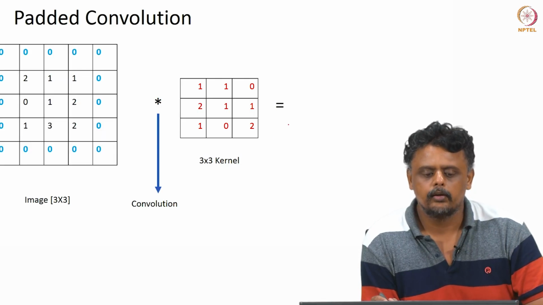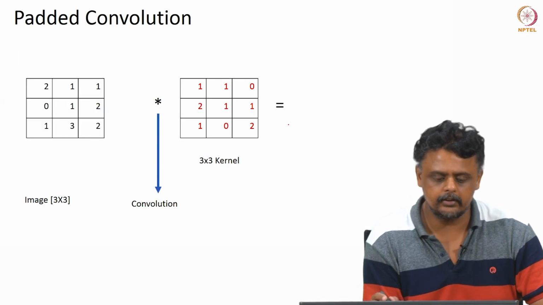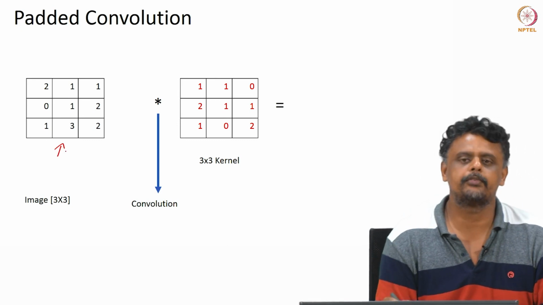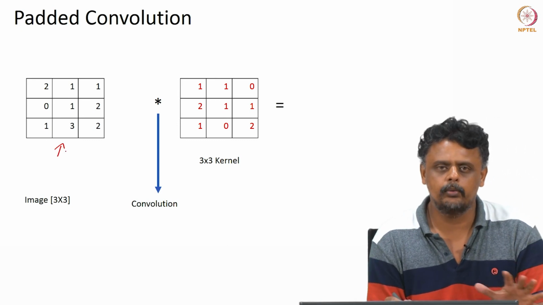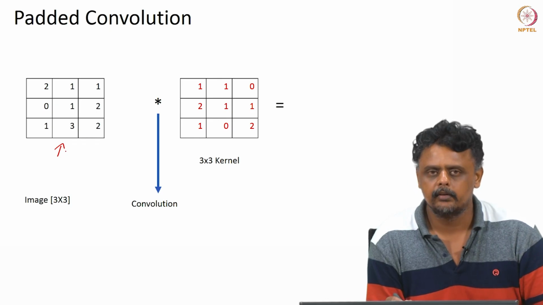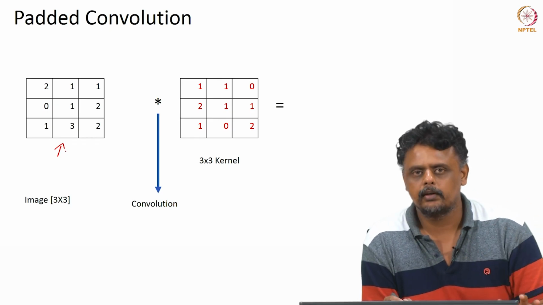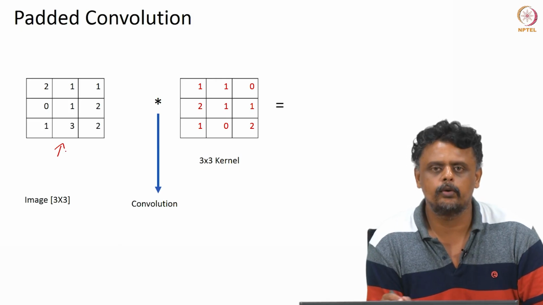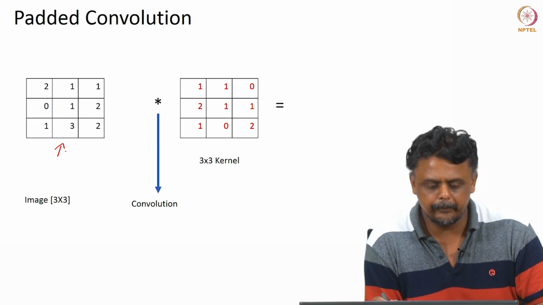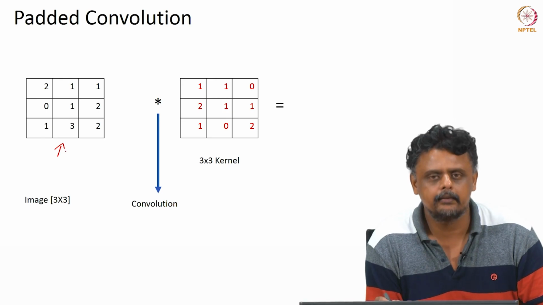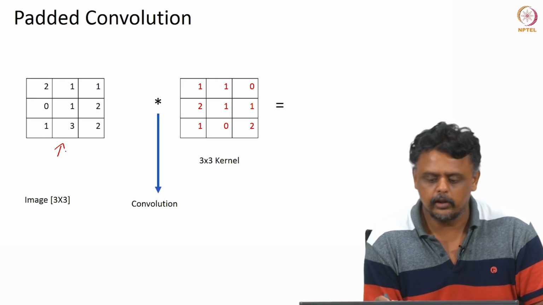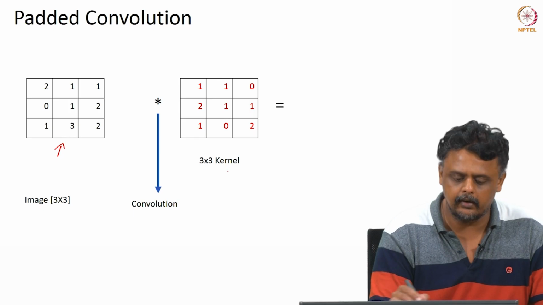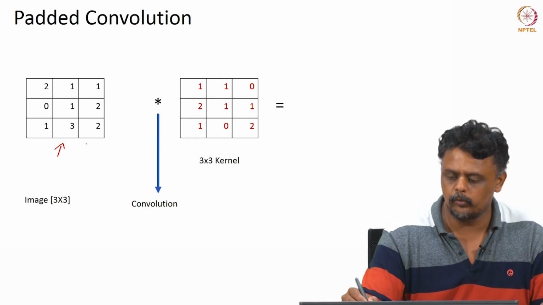So, all we have to do is, if you go back here, this is our input feature map. Again, we will just operate with one feature map at a time. It automatically applies to an input volume, but it is very difficult to show it on screen that way. So, we have an input image of size 3 by 3. If you apply this 3 by 3 kernel on this 3 by 3 image, your output will be 1 cross 1.